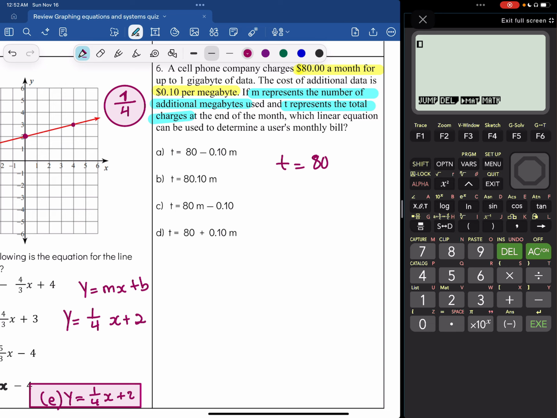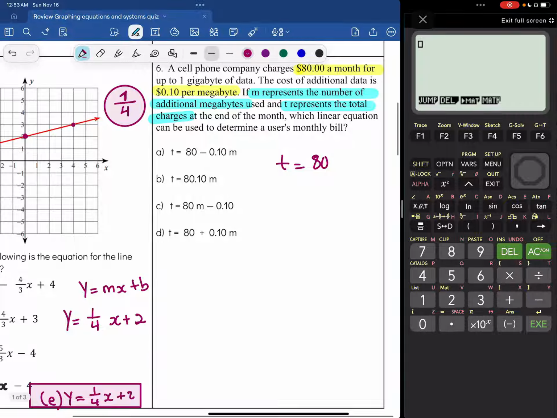That's standard. And then if I go over that, the cost of my additional data is 10 cents per megabyte. When we have the word like per or each, we know that that's usually the value that's going to carry the variable, right? That's the value that's increasing. Every month I'm paying 10 cents per megabyte that I use, right?